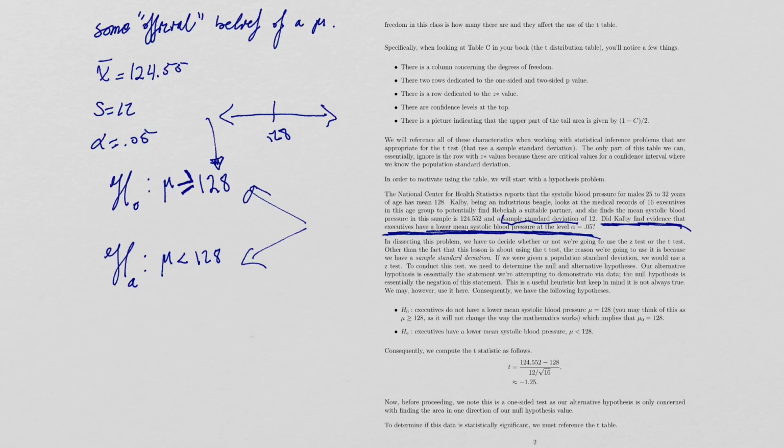We could test at 129, at 130, so on and so forth. But the strongest argument for the opposition could ever be is 128, because we're just wondering if it's lower. So why not just pick the worst case scenario, that it actually is 128.